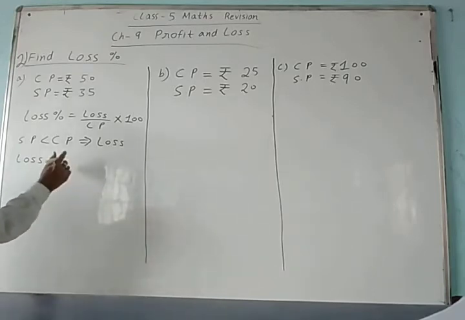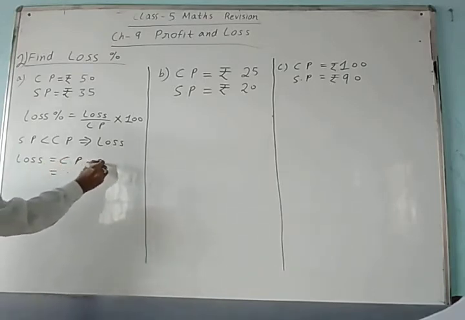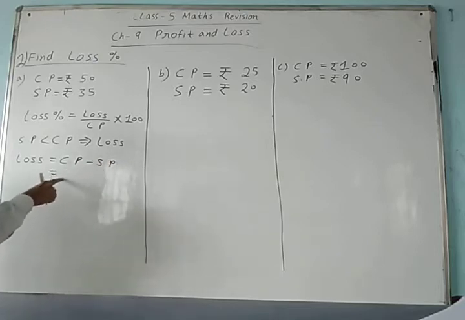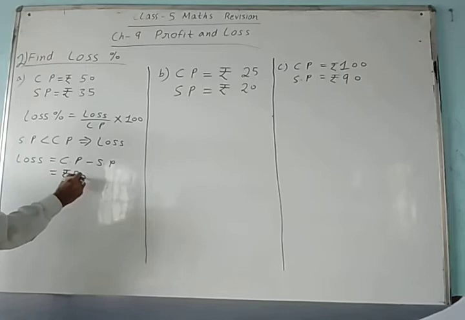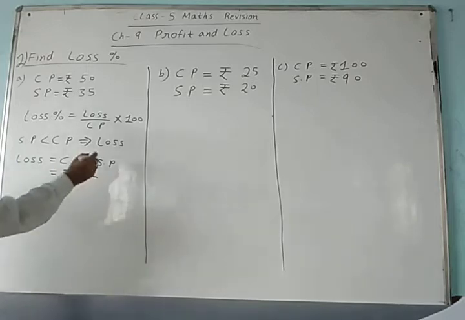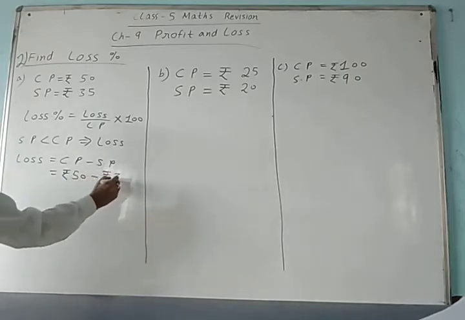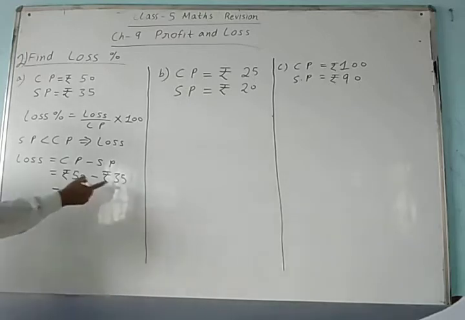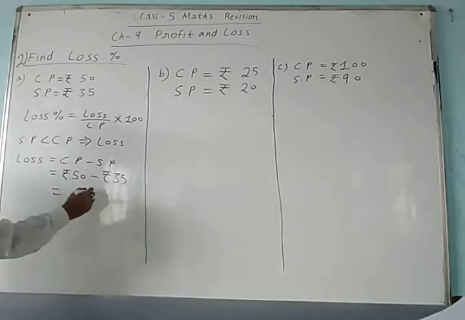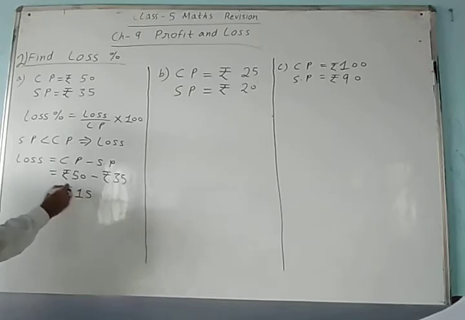Loss is equal to cost price minus selling price. Now put the value: cost price rupees 50 minus selling price rupees 35.